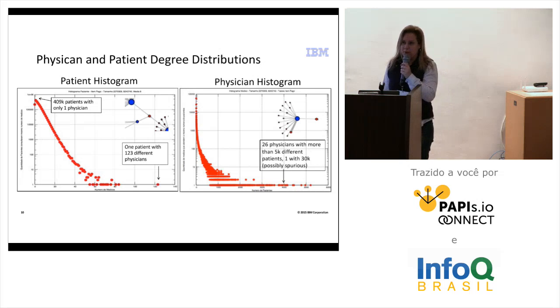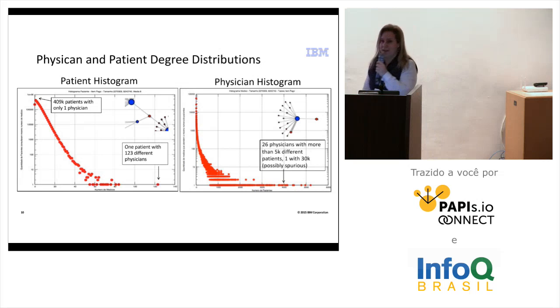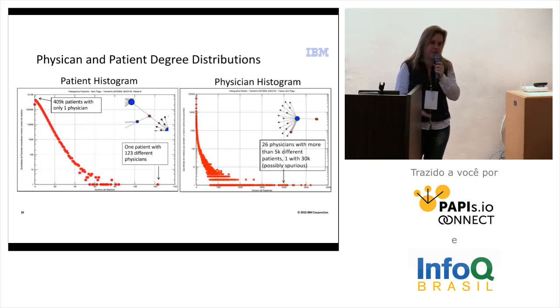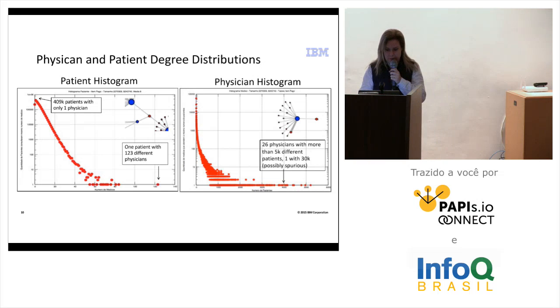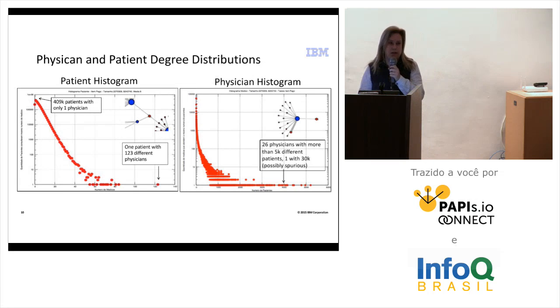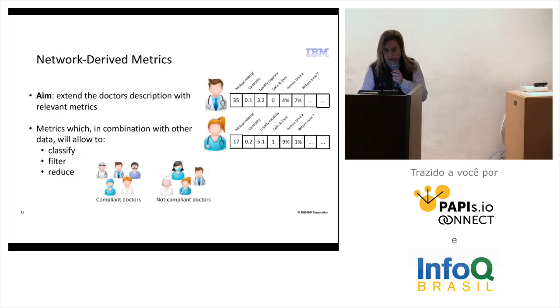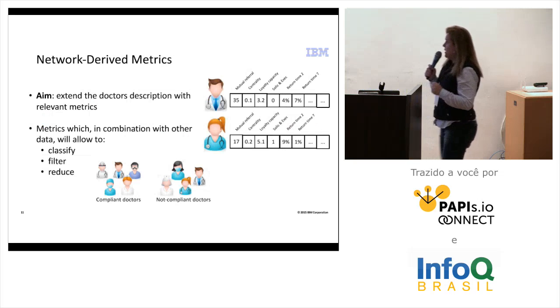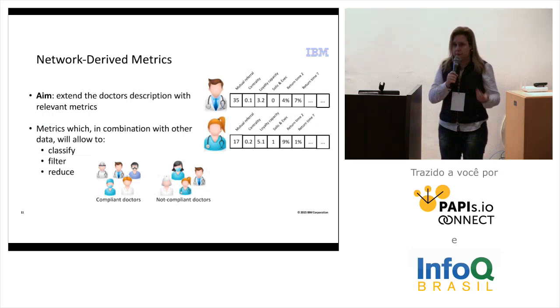This patient, I don't know if he is not alive, or there is some case of outlier here, and the health insurance company needs to look at that. And also you have some things like, we have a lot of physicians that attend just one patient over the years, so there could be some problems with new doctors coming to the health insurance system, and they need to look closer. So the idea here is to use this network and create metrics.